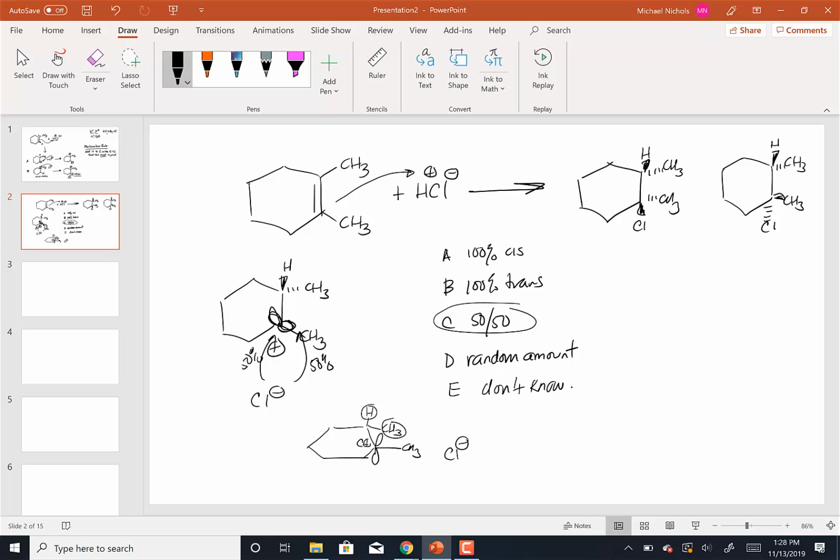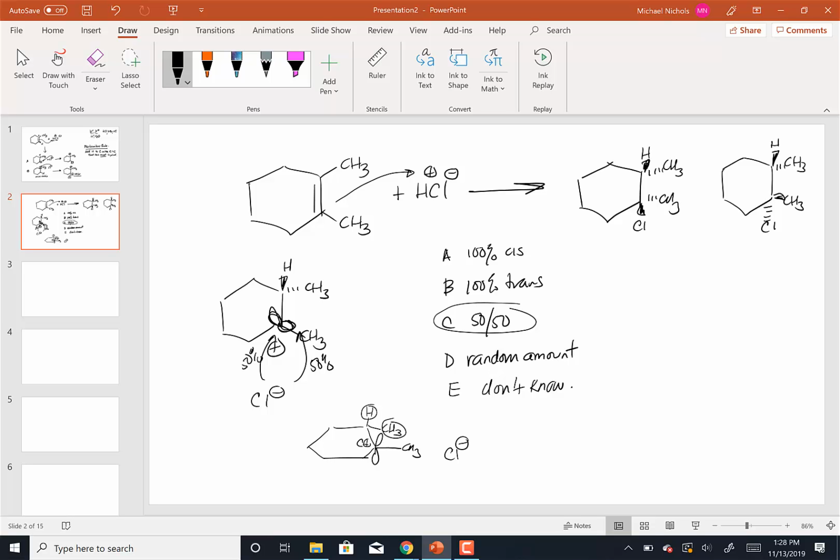Because if you think about this in terms of the reaction, if I have a double bond that I'm going to add two things to, I can add them one way, top and bottom. Okay, that's Markovnikov, anti-Markovnikov. I can add them cis, or I can add them trans.